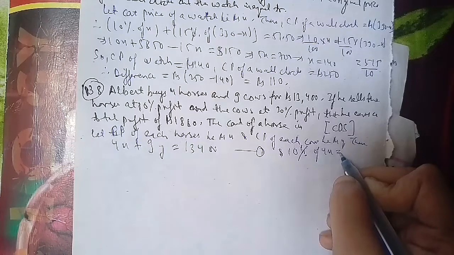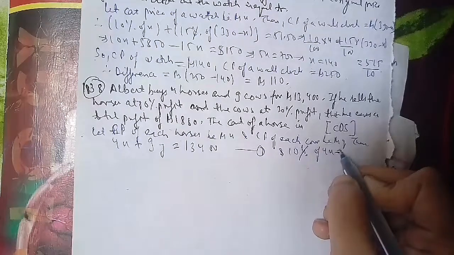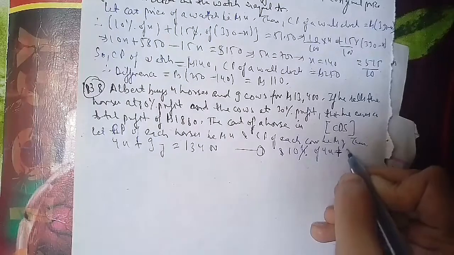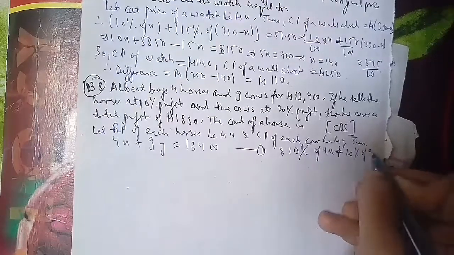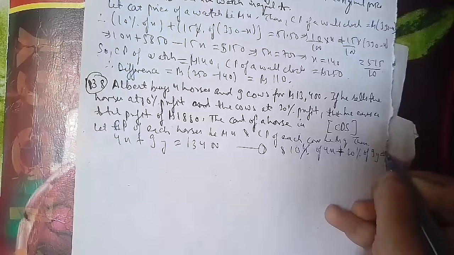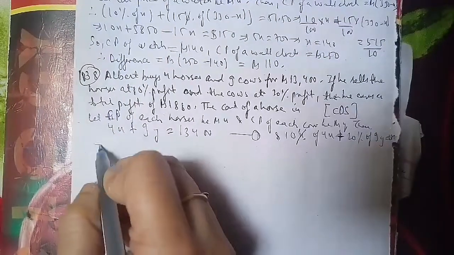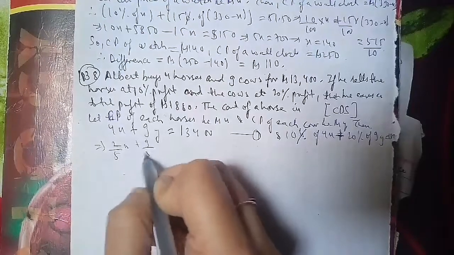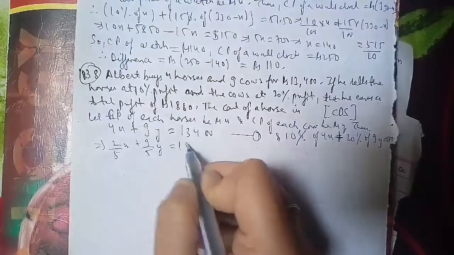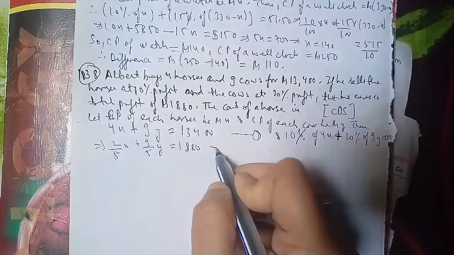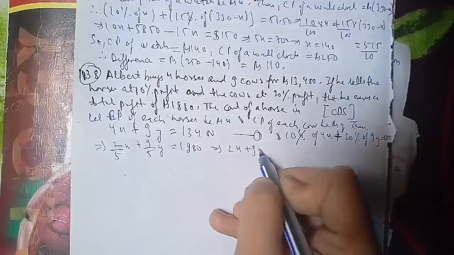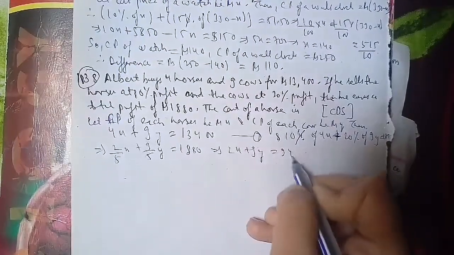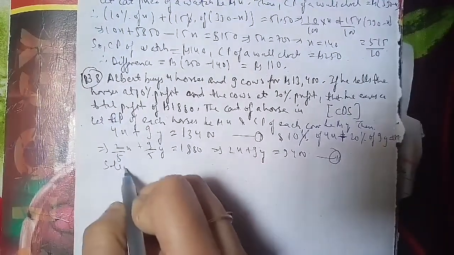It will give you 2 upon 5 x plus 9 upon 5 y equals 1880, so 2x plus 9y equals 9,400. This is the second. Solving 1 and 2, we get x equals 2000 and y equals 600.